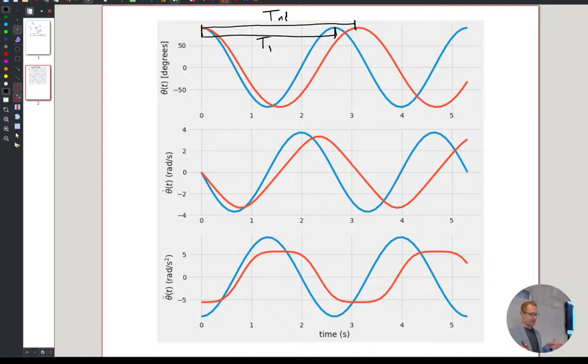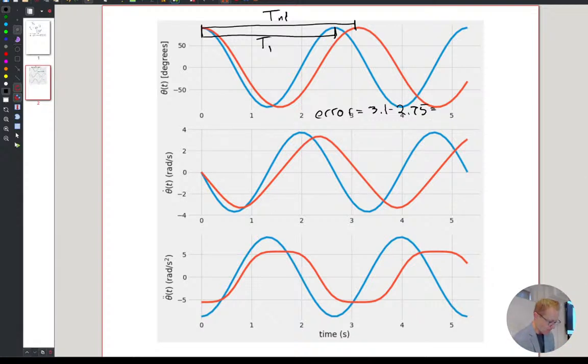Now I'm looking at something like 2.75 versus 3.1. So the error is 3.1 minus 2.75, so like a quarter of a second difference.